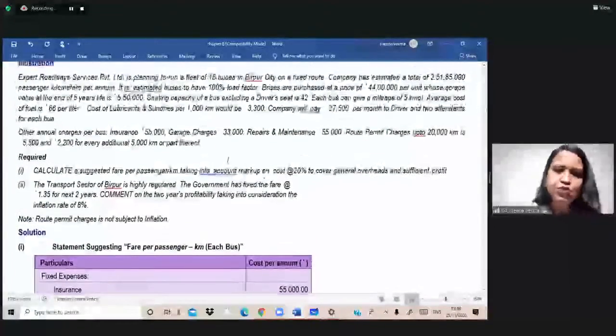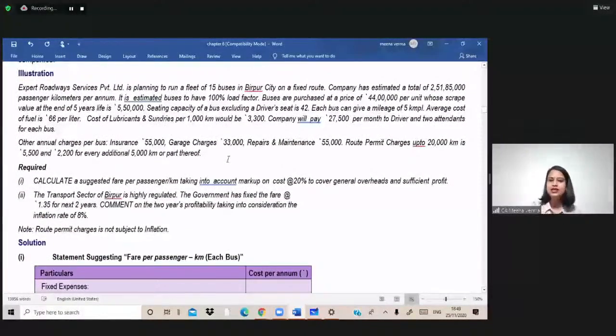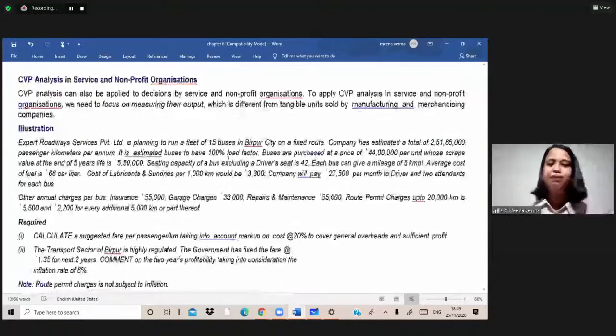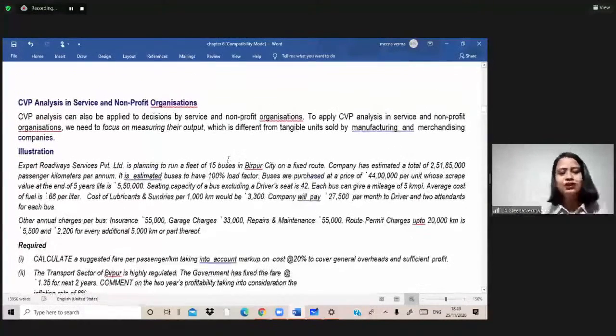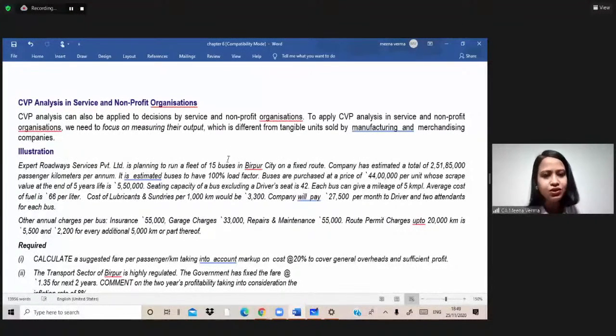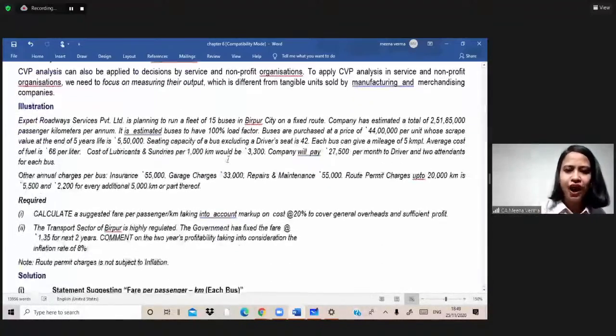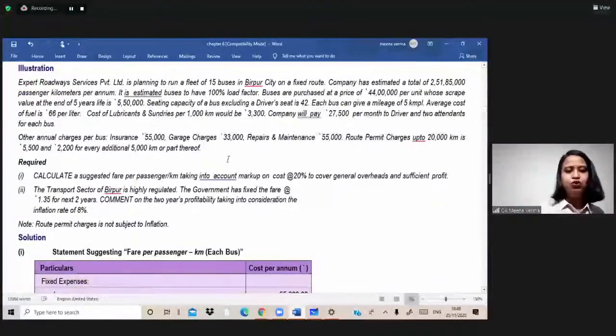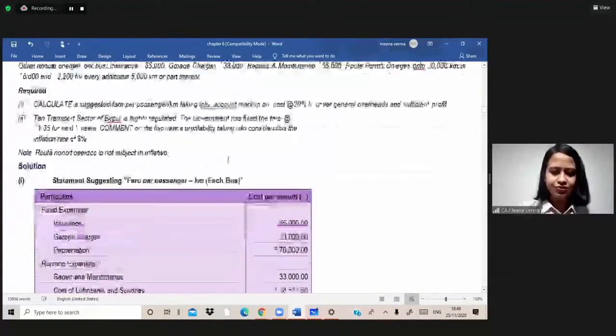Now we have this question. Again, this question is related to CA Inter. It is about break-even analysis or CVP analysis related to the service sector, applying break-even analysis or CVP analysis in service and non-profit organizations.